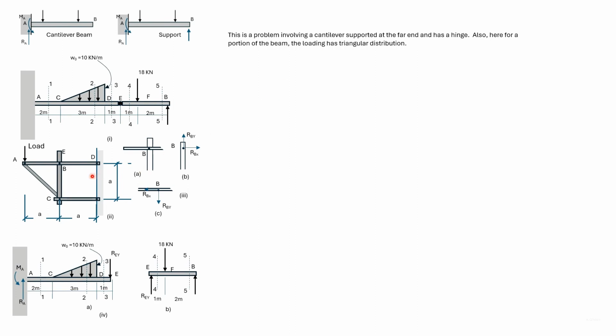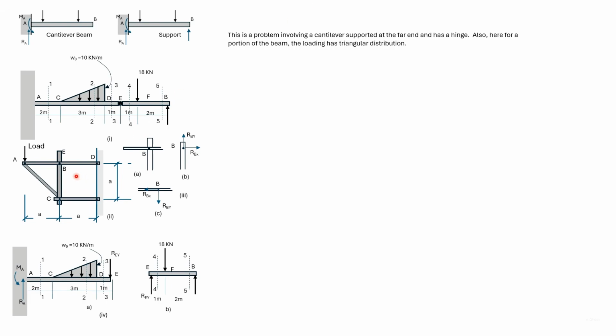In order to analyze plane frames, we considered equilibrium of the individual members. Thus, we considered equilibrium of our members such as ABD and ABC.